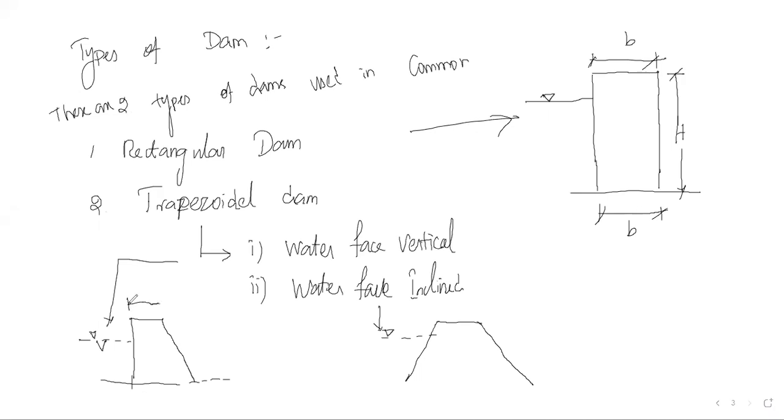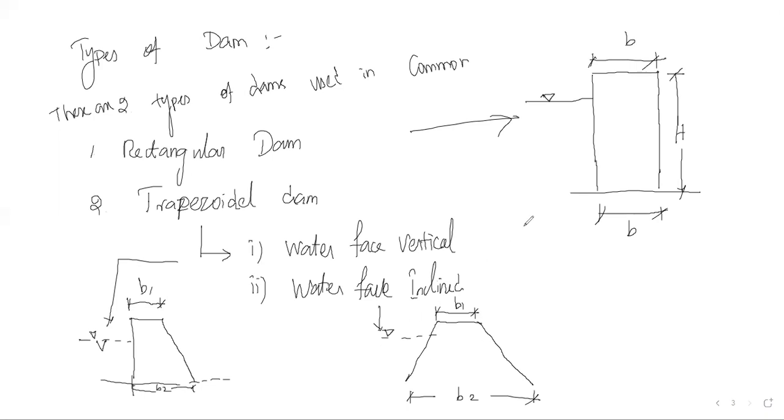It can have B1 and B2, and similarly here also B1 and B2. So two different profiles are there in the trapezoidal dam.